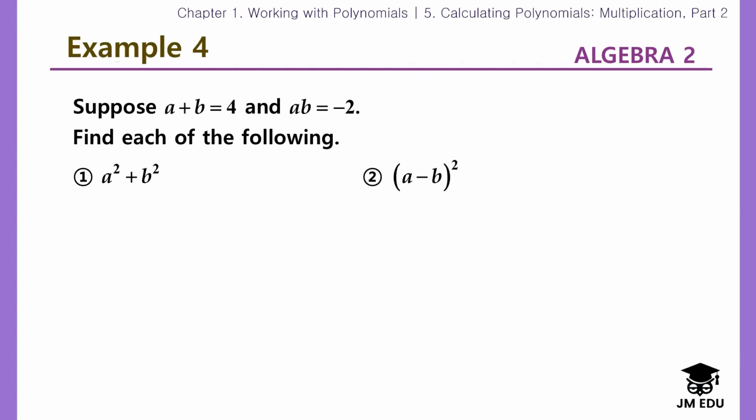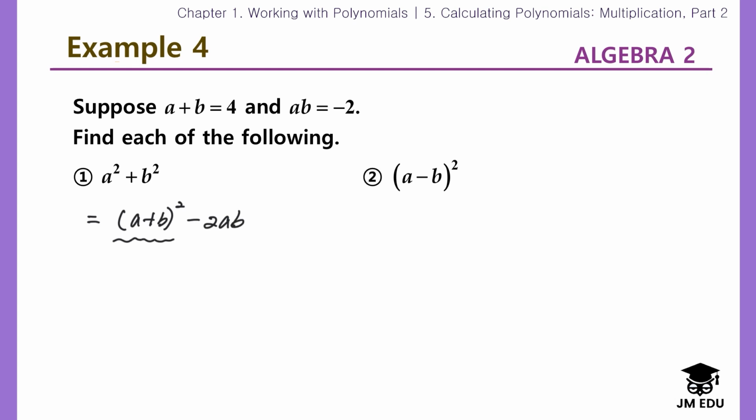Example number 4. Suppose a plus b is equal to 4 and ab is equal to negative 2. The question is to find each of the following. Number 1. a squared plus b squared. That's actually equal to a plus b binomial square minus 2ab, right?